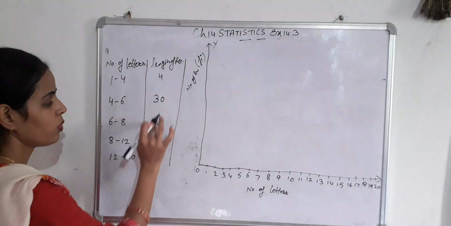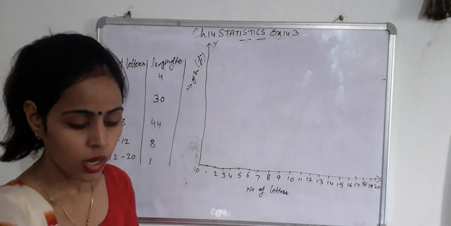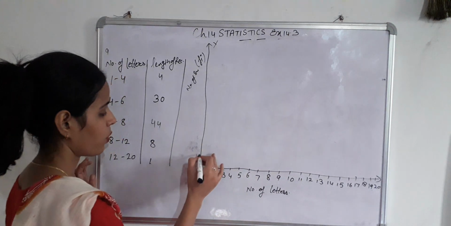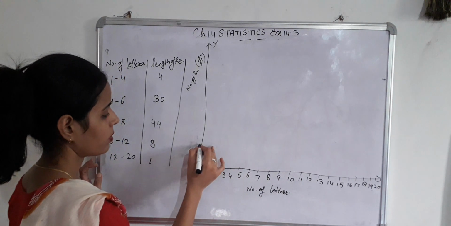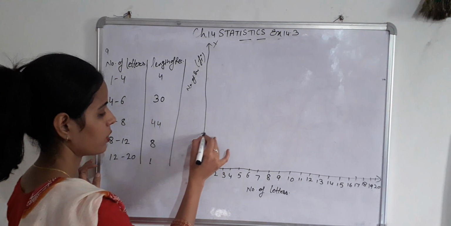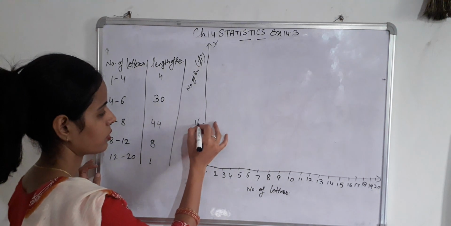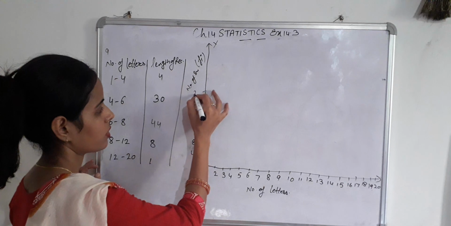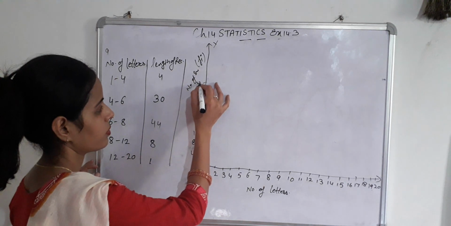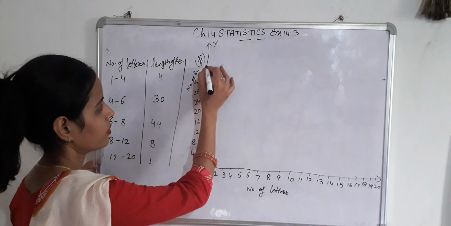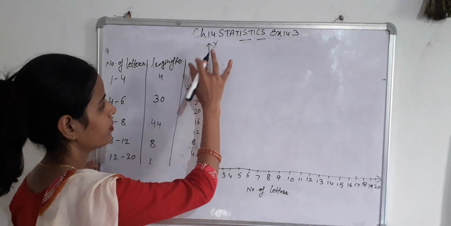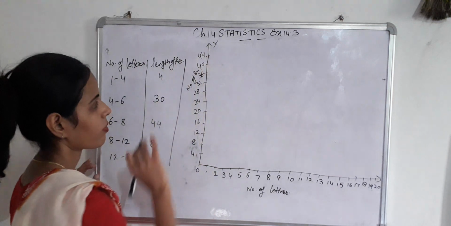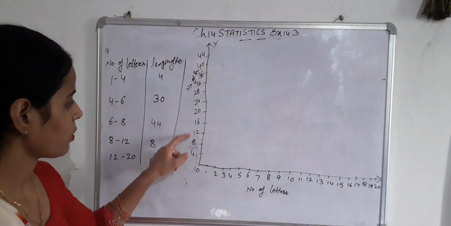Frequency is up to 44, so take the frequency on the y-axis in steps of 4: 4, 8, up to 44.